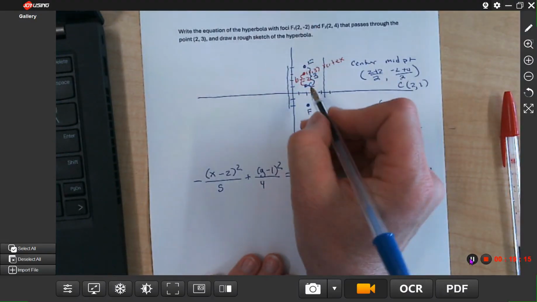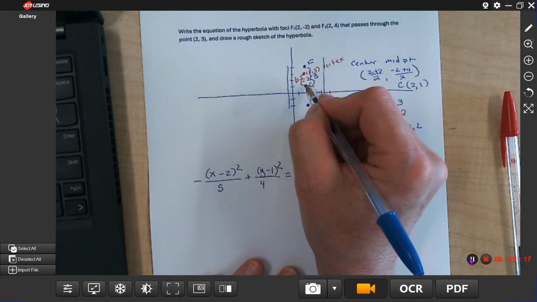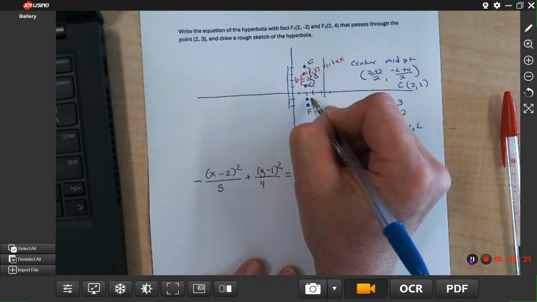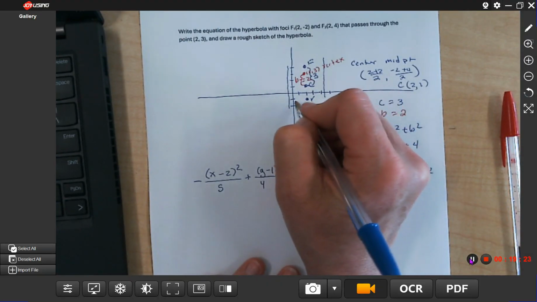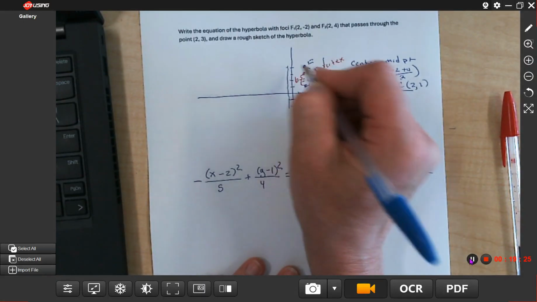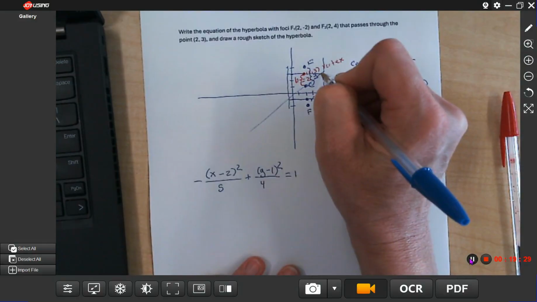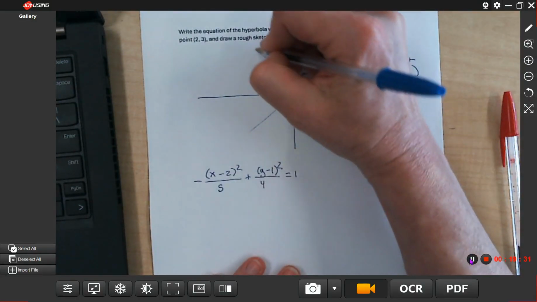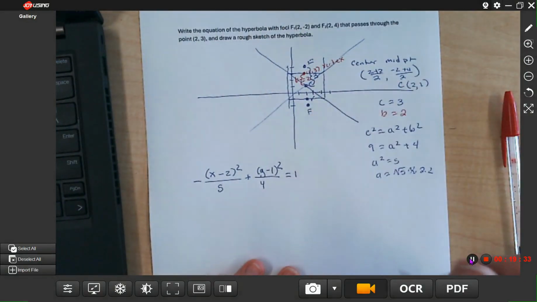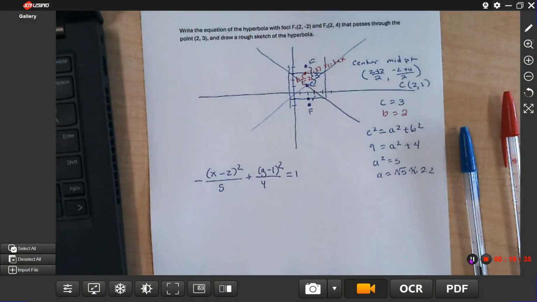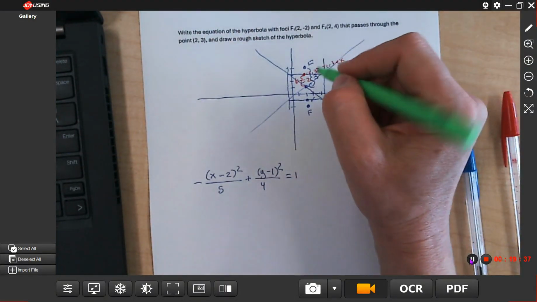I'm drawing my rectangle. My other vertex, so this went up 2 from the center, so it's going to go down 2 from the center, so that's my other vertex. So I make my box like this, and I'm going to draw my asymptotes like that, and now I'm ready to graph my hyperbola.